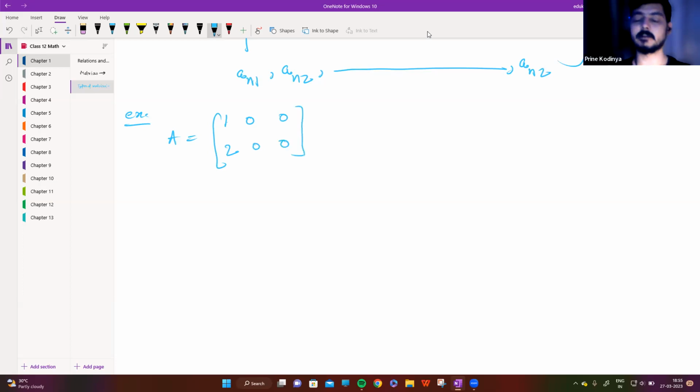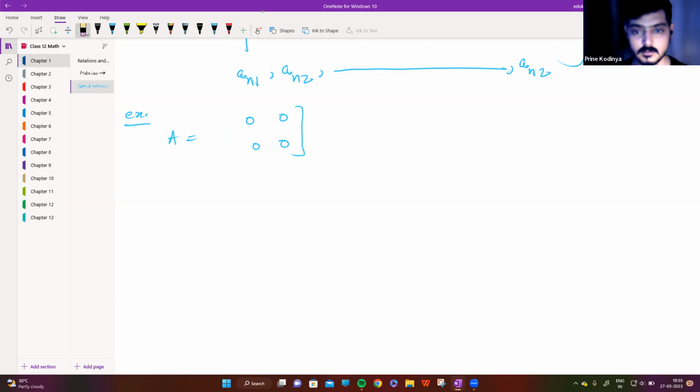Is it a diagonal matrix? No, sir. Why? Because the number of rows and columns are different. So first of all, it is not a square matrix. If it's not a square matrix, how can it be a diagonal matrix? Correct.